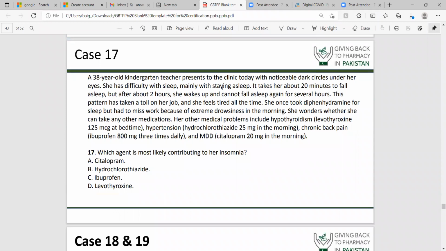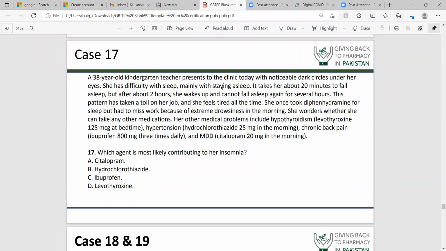This pattern has taken a toll on her job and she feels tired all the time. She once took diphenhydramine for sleep but had to miss work because of extreme drowsiness in the morning. She wonders whether she can take any other medications.